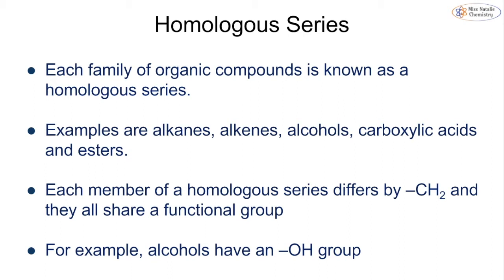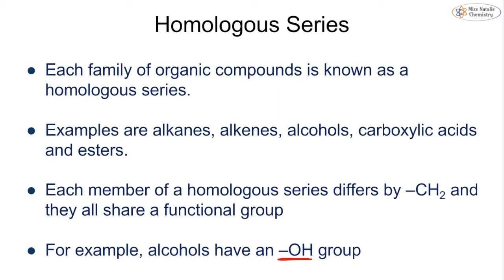So some examples of some homologous series that you will meet will be alkanes and alkenes. Triple science students and A-level students go into detail about alcohols, carboxylic acids, and esters. So these are just some more homologous series. So they're a family of compounds. And each member of the group all share the same functional group. And an example would be something like an OH. So every single alcohol is going to contain this group.